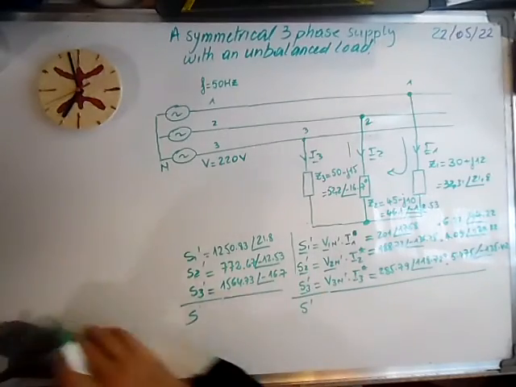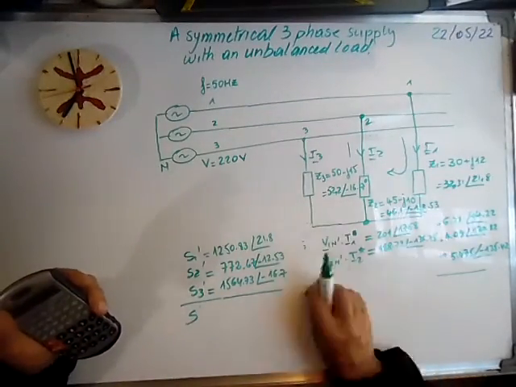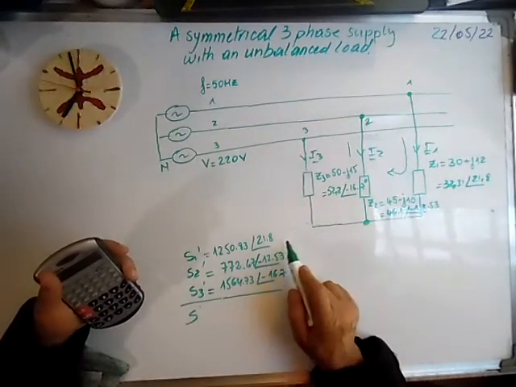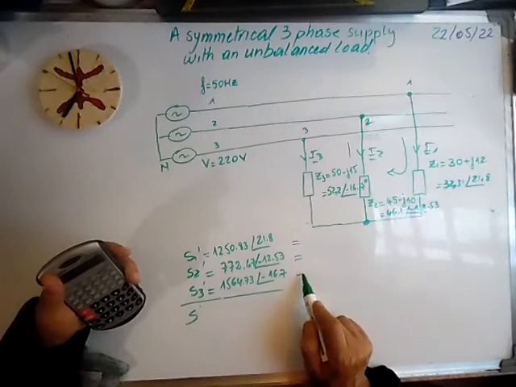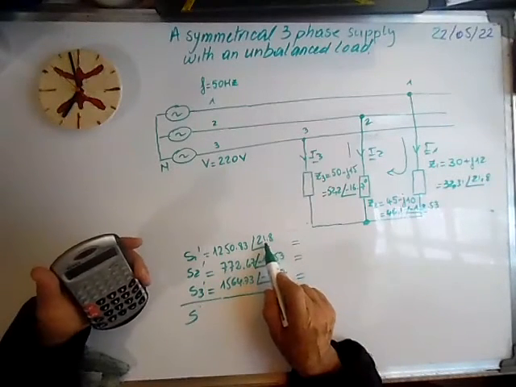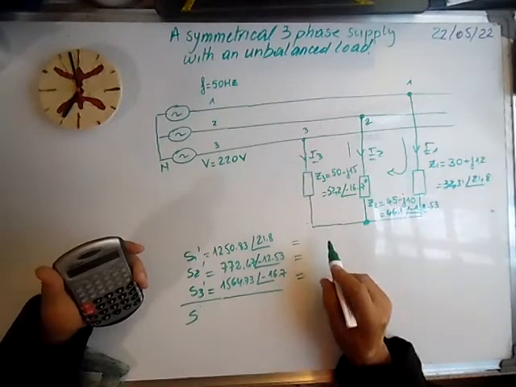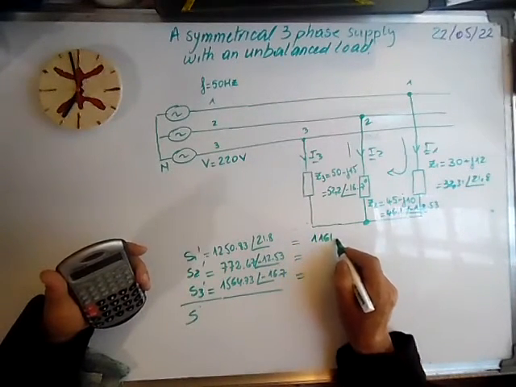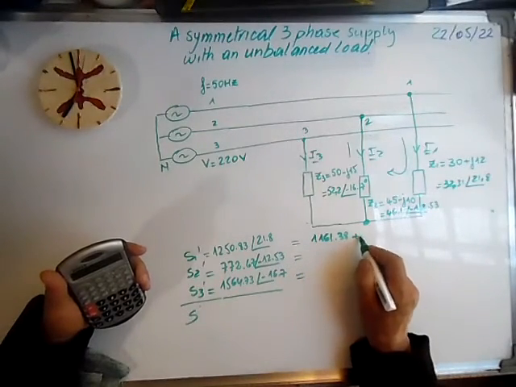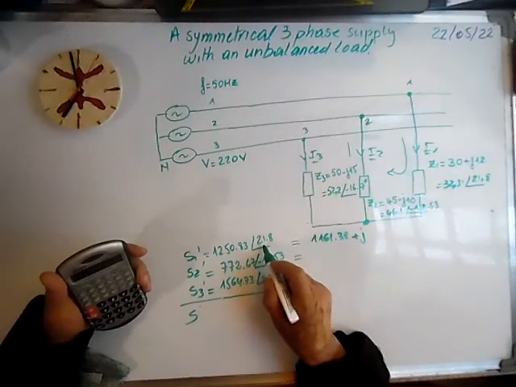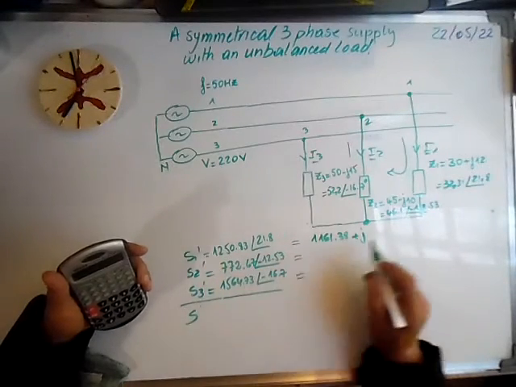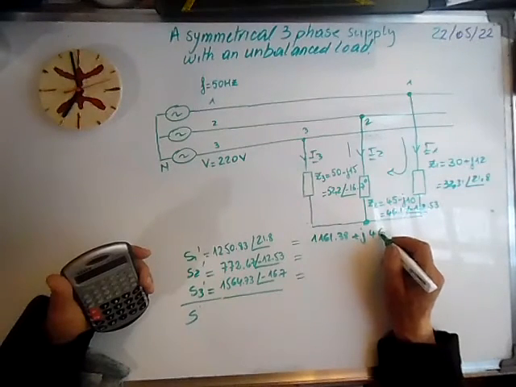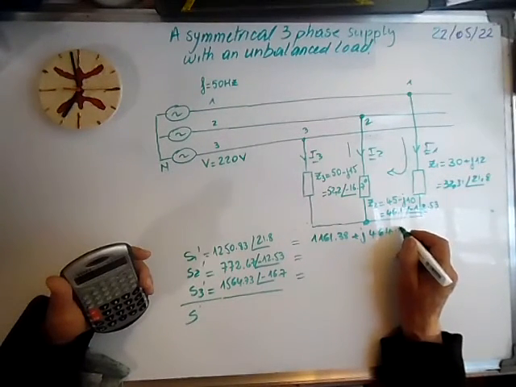Okay, so the result, I will write the active power and the reactive power here. This times cosine 21.8 gives 1161.38, plus j sine of 21.8 times this, which gives a reactive power of 464.52.